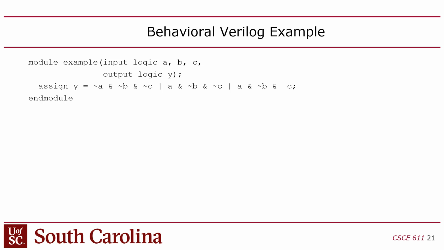So this again, you're trying to leverage abstraction and regularity. The first line of the module has the inputs and outputs. So this says module example. Example is the name of the module. That name is only used so you can instance that module. That name is actually not really relevant to the hardware, right? The name is for human purposes only.